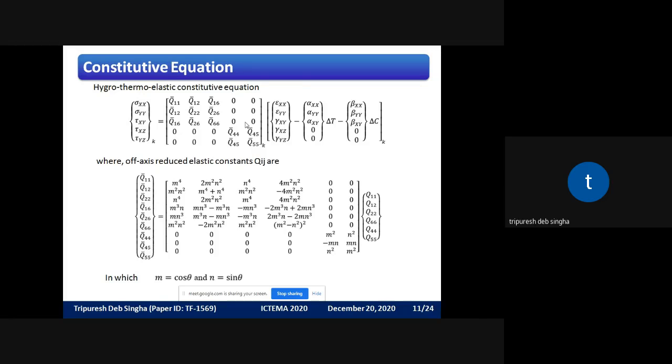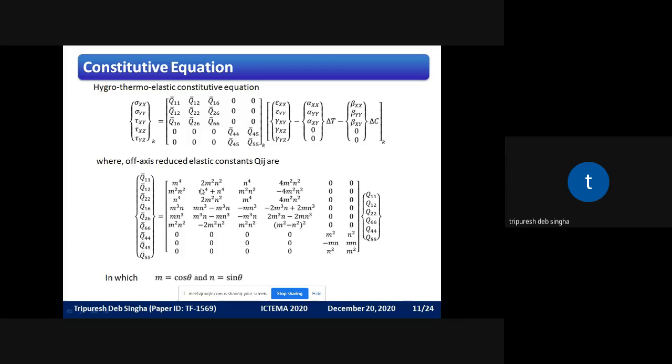That means delta T equals T minus T0, where T is any temperature and T0 is the reference temperature. Delta C is the change in moisture concentration, that means C minus C0, where C is any concentration and C0 is the reference concentration. Generally T0 is considered here as 300 Kelvin and C0 as 0%.